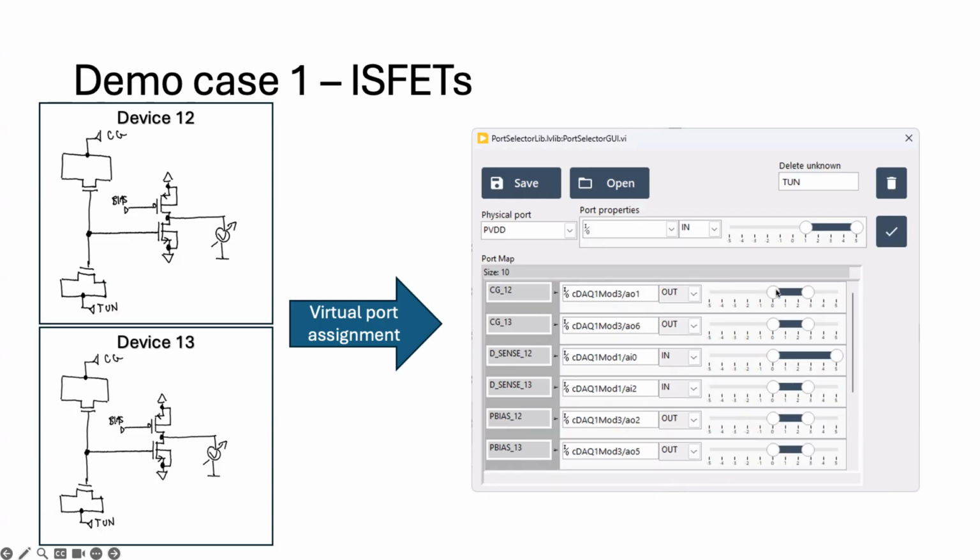Also, for each port, a voltage range can be set, and if the voltage the user intends to set exceeds this range, either higher or lower, then the graphical user interface warns the user that the limits were exceeded.